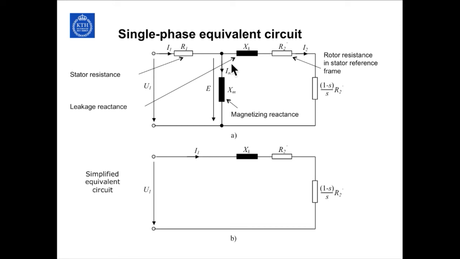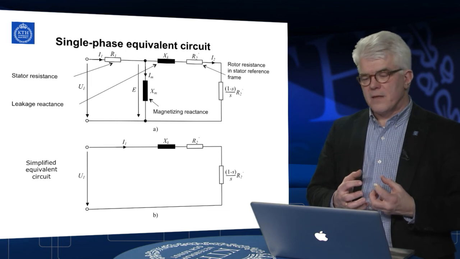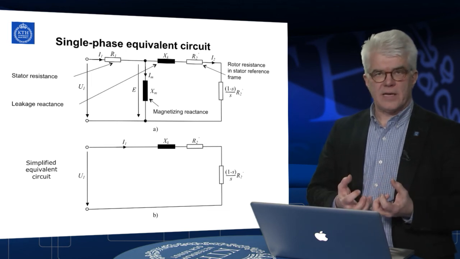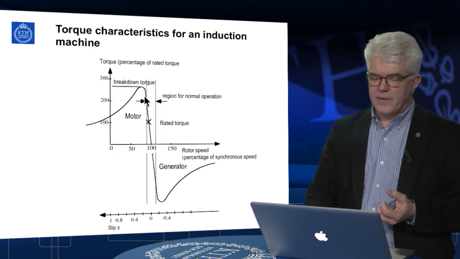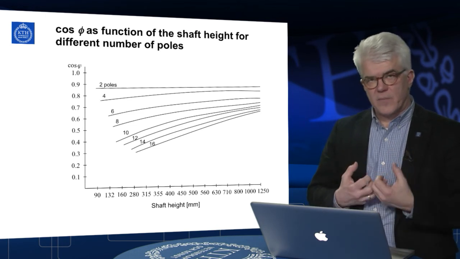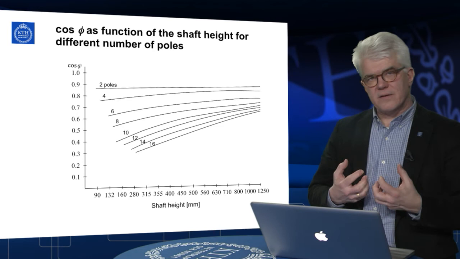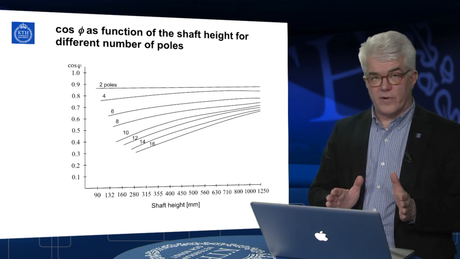And this magnetizing current is phase shifted 90 degrees from the active current, so to say. It's a purely inductive current. So what will happen is that we get a higher inductive current by increasing the number of poles. That is, the machine will get a poorer and poorer cosinus phi.